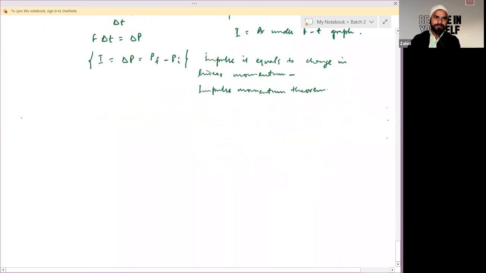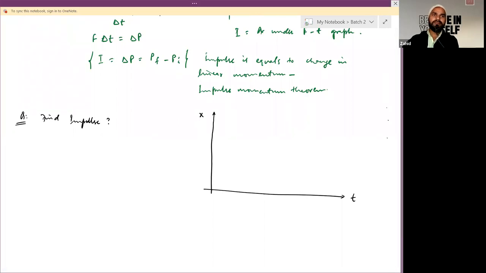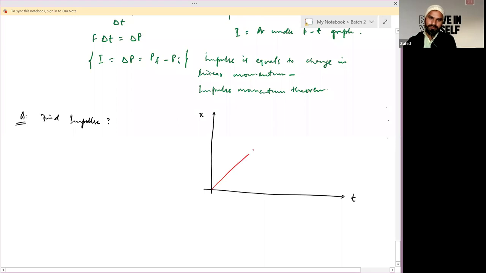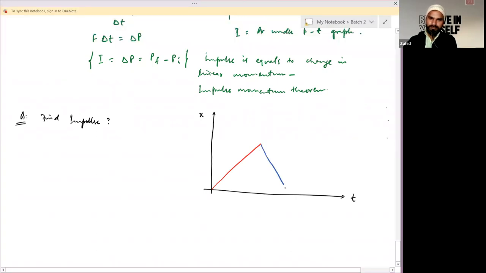Now I'm giving you a problem related to this. Find impulse, if the mass of the body is 2 kg.